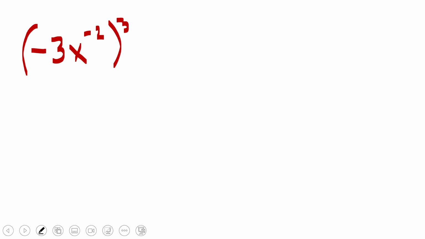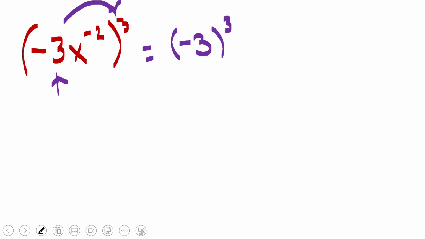So what this looks like, breaking it apart, would be negative 3 to the 3rd power in the numerator, but then x to the negative second power would be x squared in the positive in the denominator to the third power.